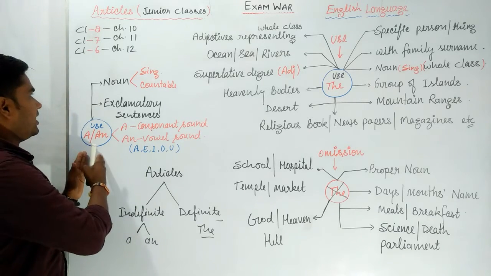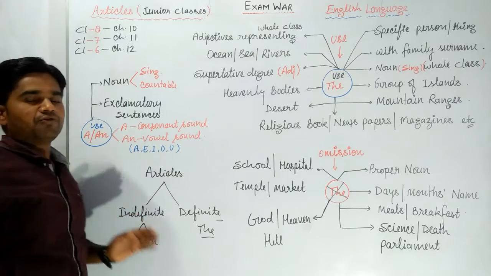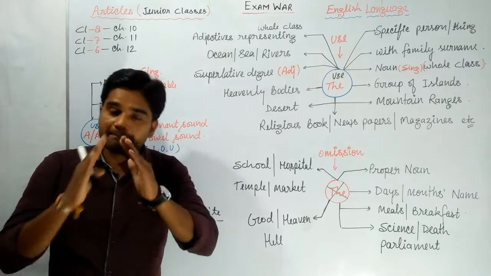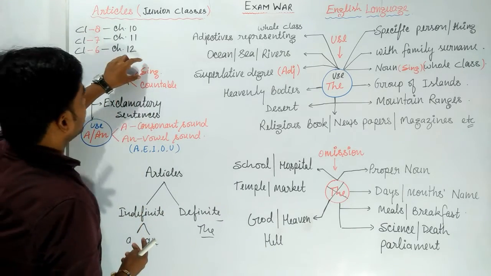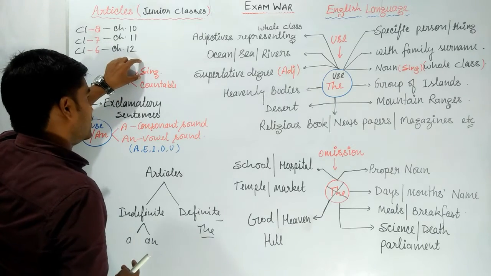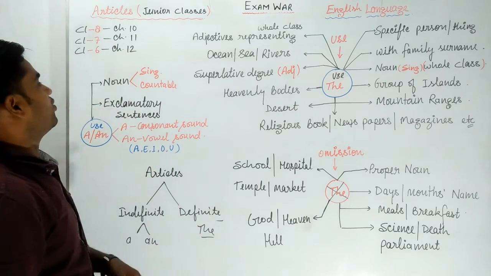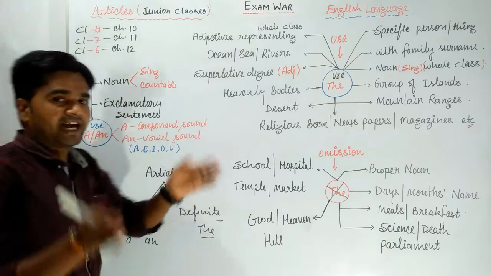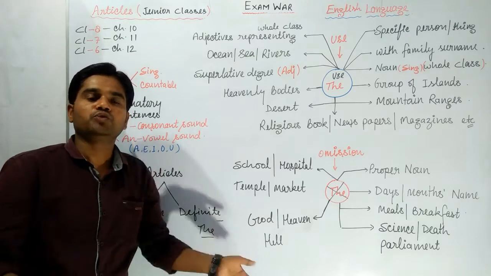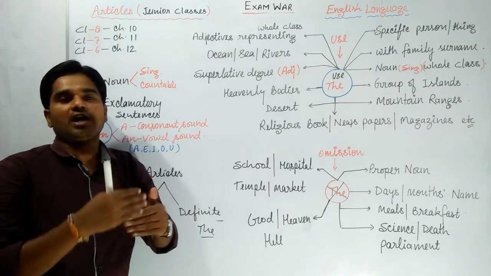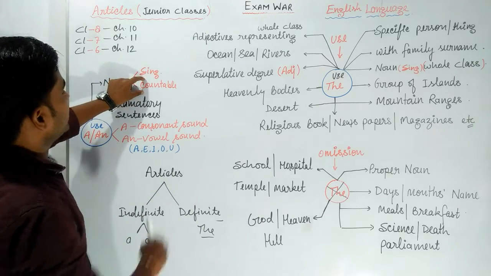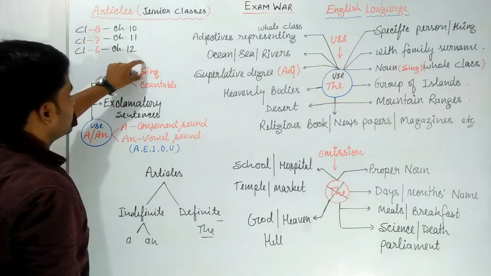Use of a or an: it is used before a noun, but that noun must be countable as well as singular.